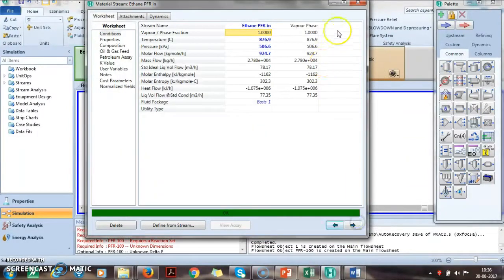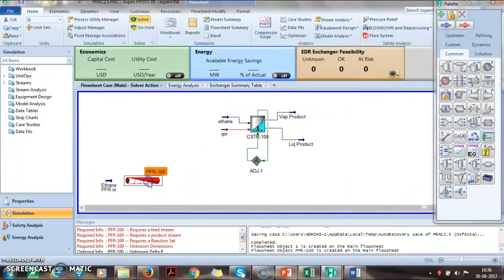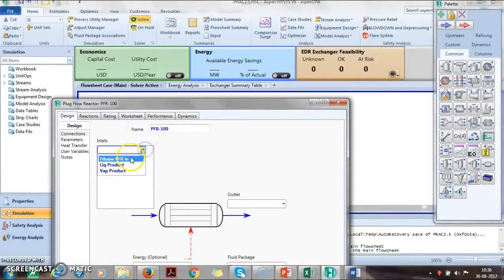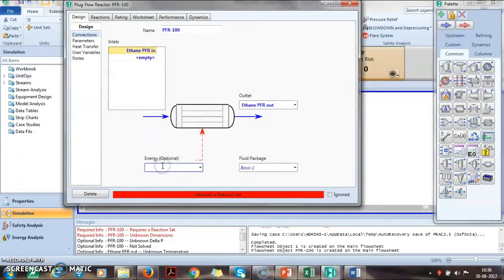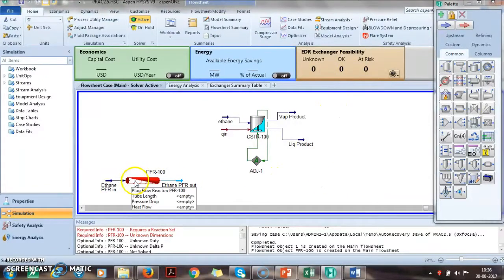Since it is identical, we'll join it to the, and this is U. PFR out, and we'll also have Q PFR, right? So we have done all the required attachment to the PFR.